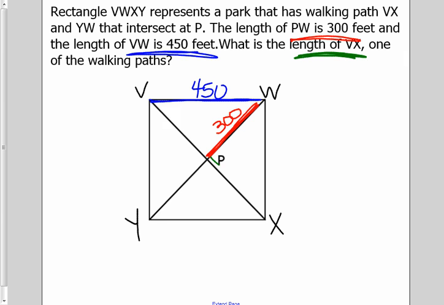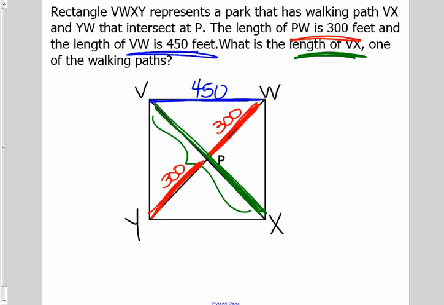So what would this piece be right here? VX is the entire thing, right? Okay, so knowing the properties of the rectangle, we said here that the diagonals are congruent, right? But we also said that a rectangle is similar to a parallelogram in that the diagonals bisect each other. So in a rectangle, if this piece is 300 right here, then this piece is also 300.